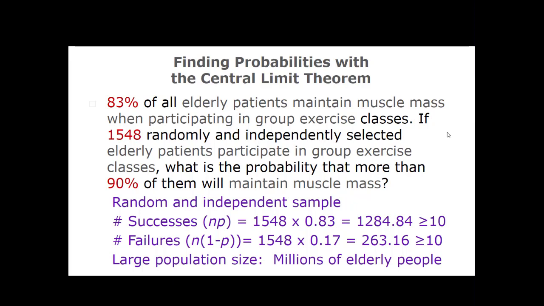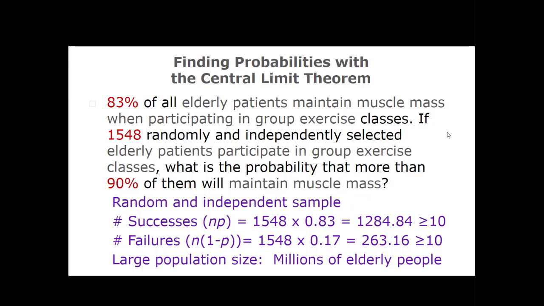I could just go ahead and subtract 1,285 from 1,548 and get the next number. But let's just go ahead and do it mathematically. If I take the 83% away from one whole, I get 17%, and I can express that as a decimal as 0.17.